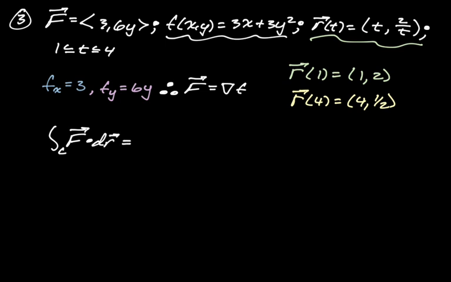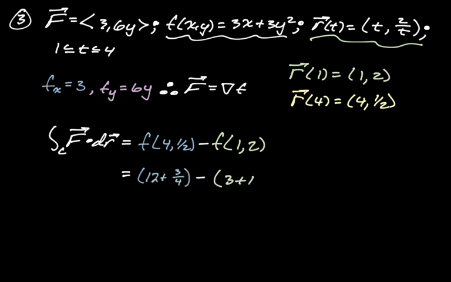So it's going to be f of where we stop, so f of (4, 1/2), minus f of where we start, which is (1, 2). And we sub into our function f, and we get 12 plus 3/4, and then minus (3 plus 12), and overall that gives us negative 9/4.